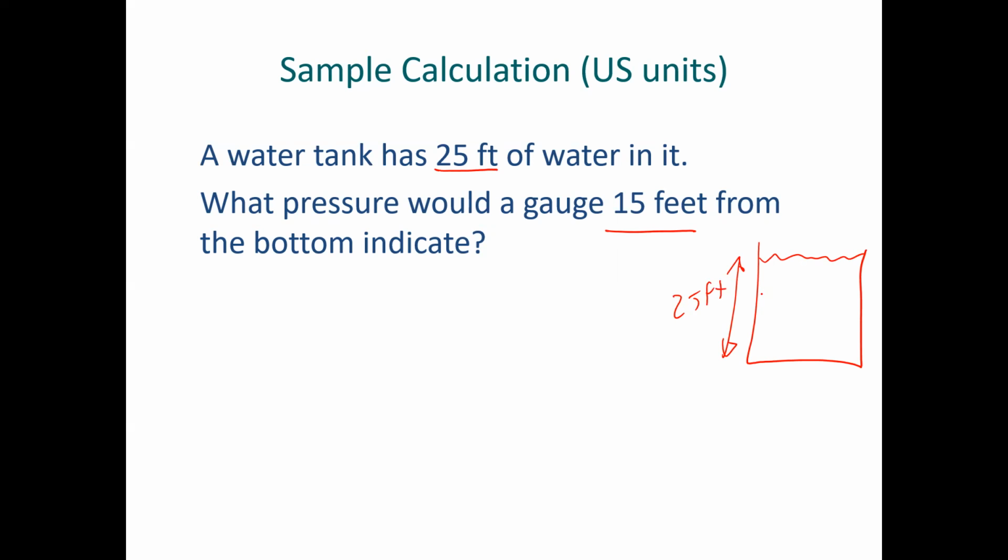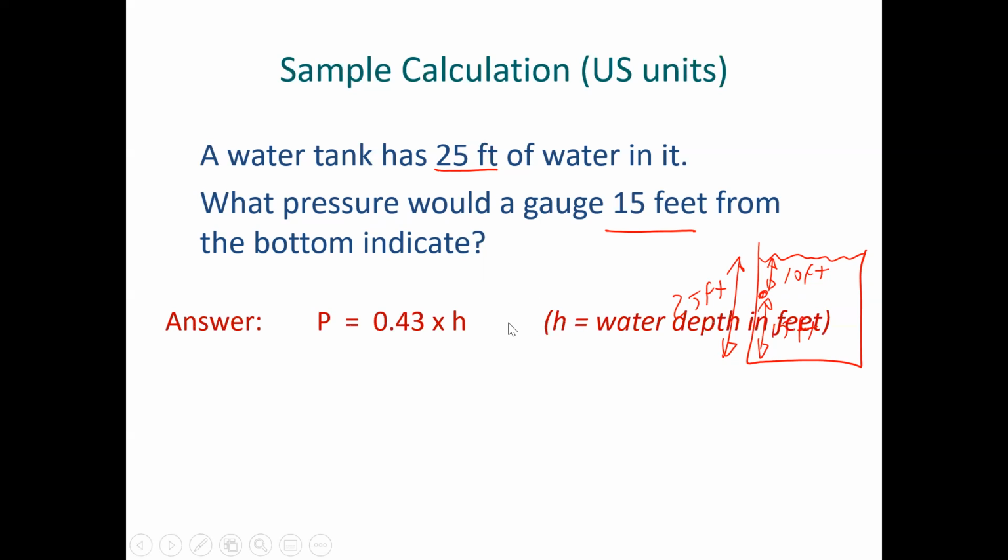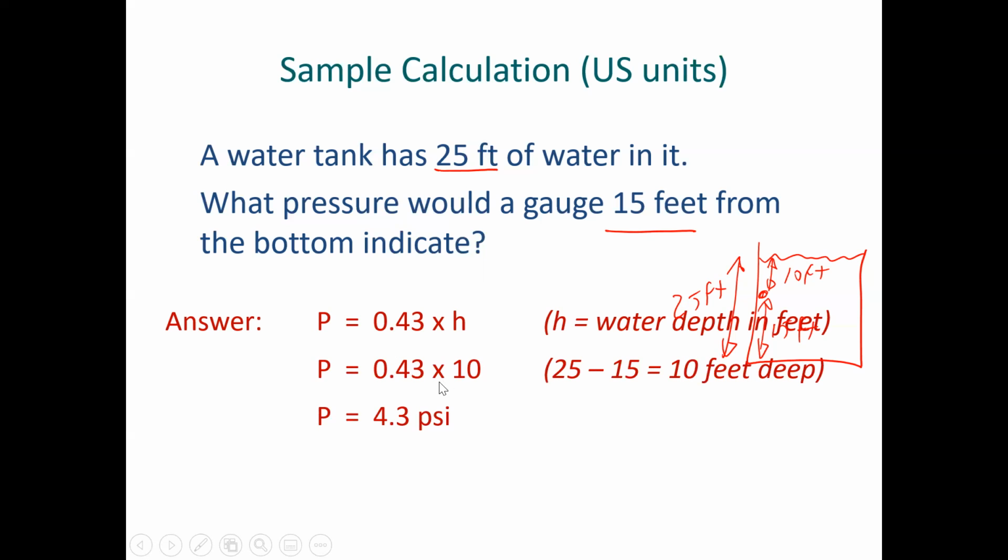But the gauge is up here somewhere, and it's 15 feet. So the gauge itself is really 25 minus 15, which is 10 feet in the water. To do that pressure calculation, it's the formula 0.43 times H, but we're going to do that subtraction. 25 minus 15 is 10 feet, and we're going to get 4.3 psi.